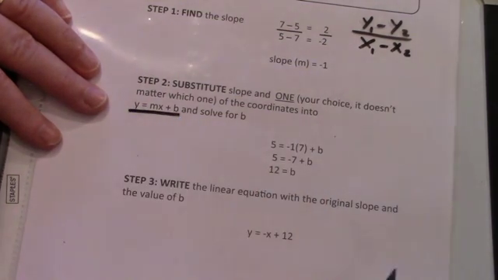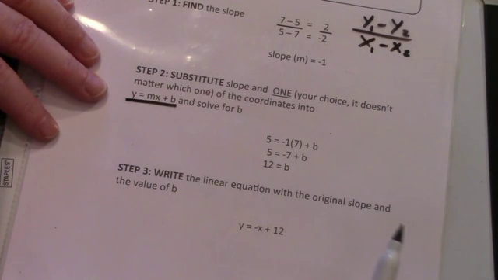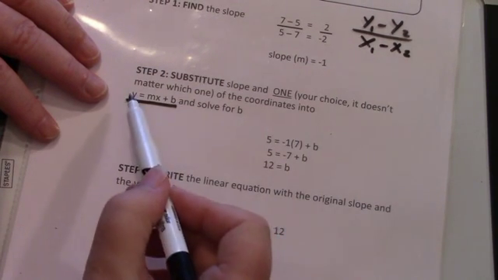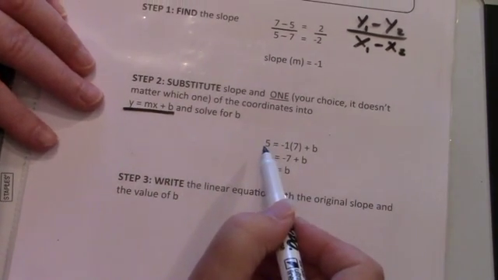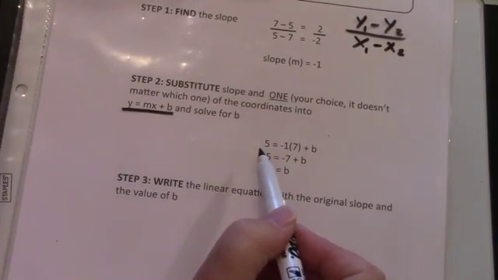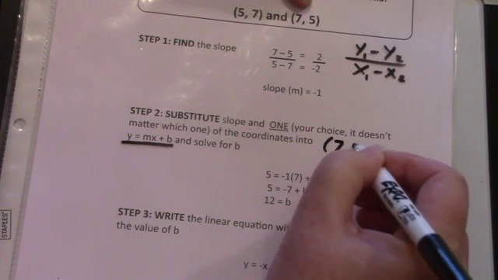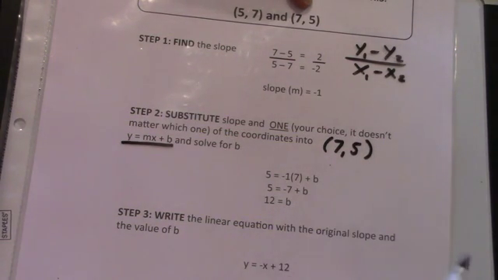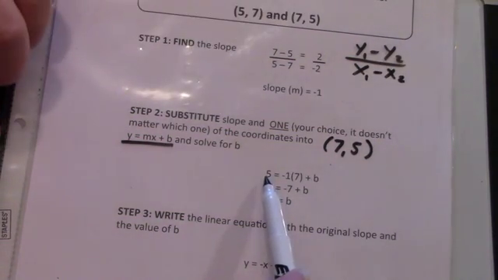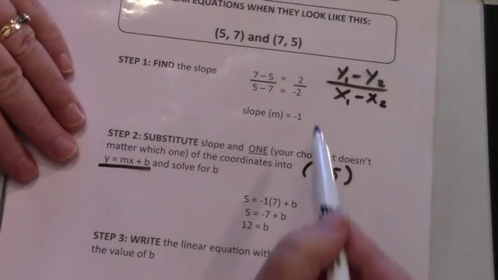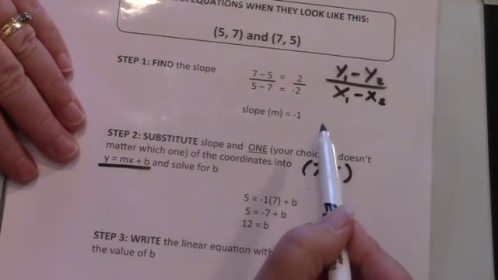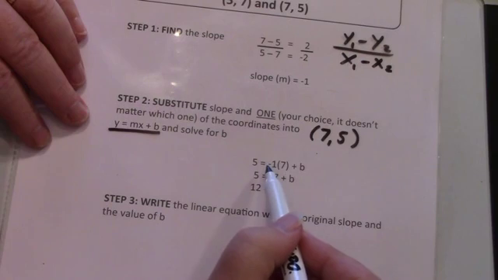Let's choose one of our coordinates where y equals 5. Which coordinate is that? It's the second one. We have chosen the coordinate 7, 5. So y is 5. What is our slope? That's what we found in our first step. Our slope is negative 1.